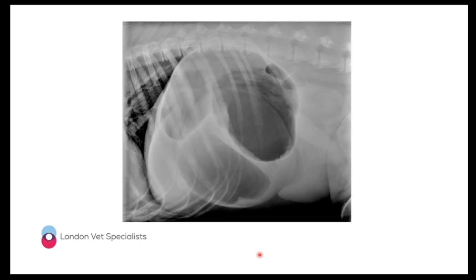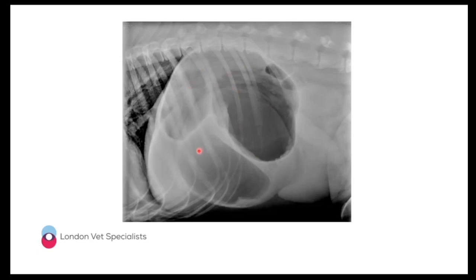So this is a right lateral radiograph of a 5-year-old male neutered Rhodesian Ridgeback that's presented with an acute onset of unproductive retching and looking bloated. And what we can see is that the stomach is grossly dilated with fluid and gas. So we've got this fluid or sort of soft tissue opacity centrally, and that's surrounded by these compartments of gas lucency.